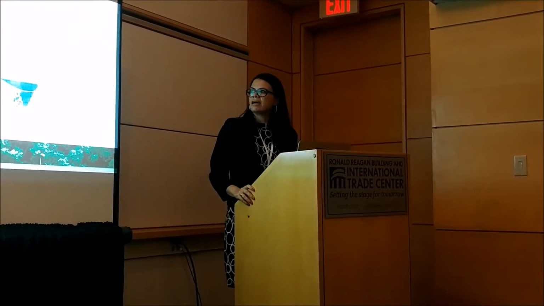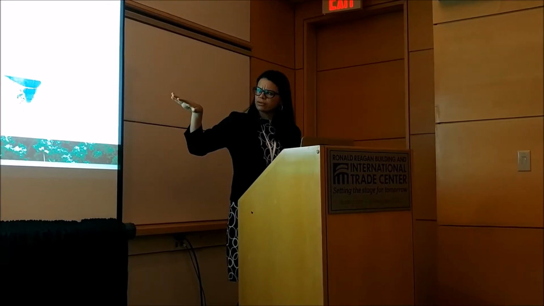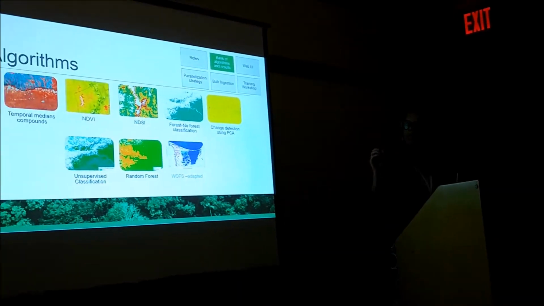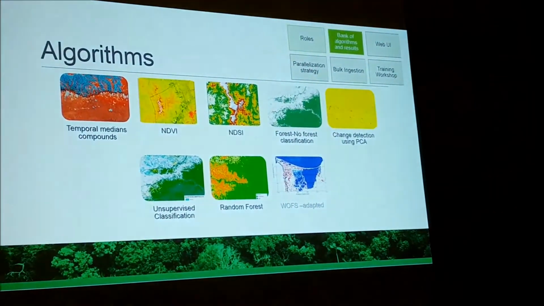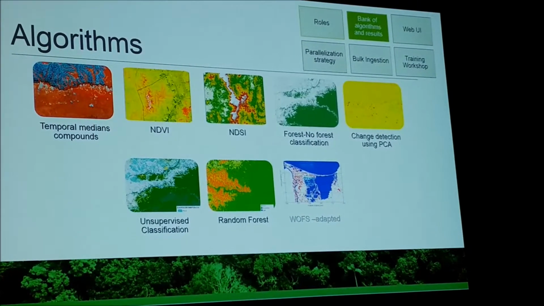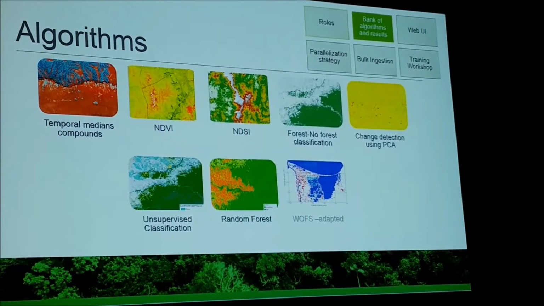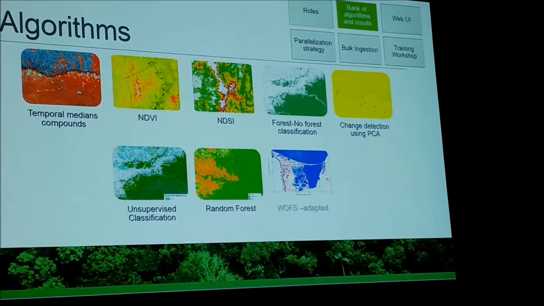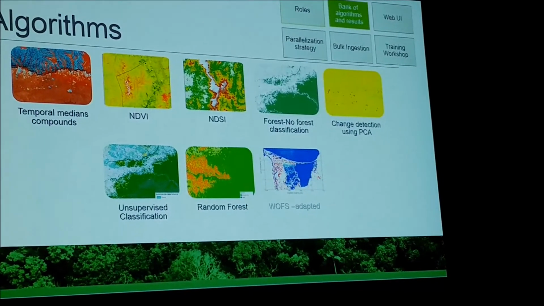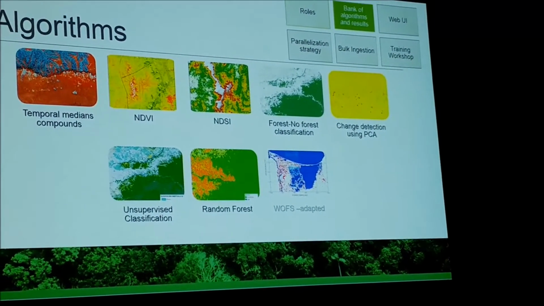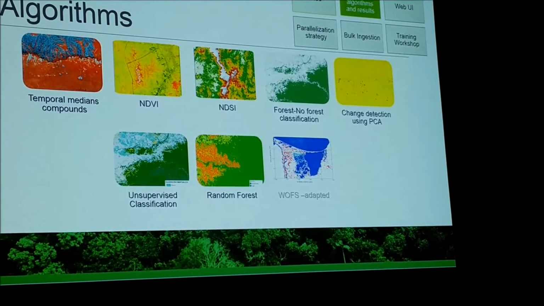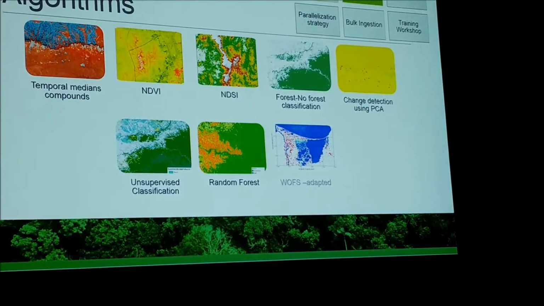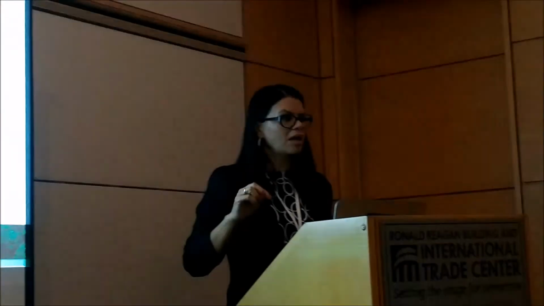What we have developed, while we are still working on some of these algorithms, is that we can create a free mosaic temporal median composite. That is the base of the forest and carbon monitoring system products. We can also create an index for vegetation and for snow. And classification: we have been working on forest and no-forest classification. It's a basic classification. Also, we have implemented change detection based on principal component analysis.